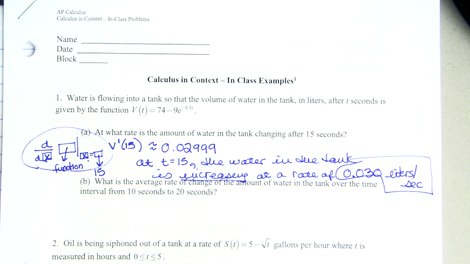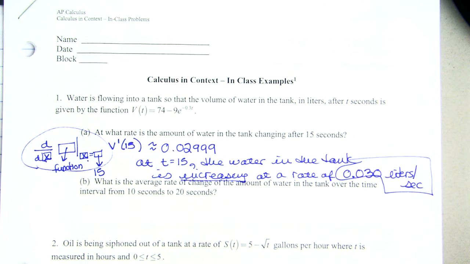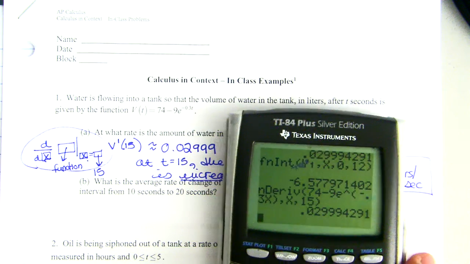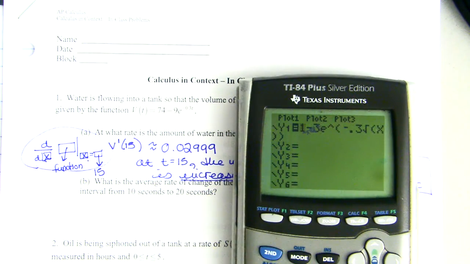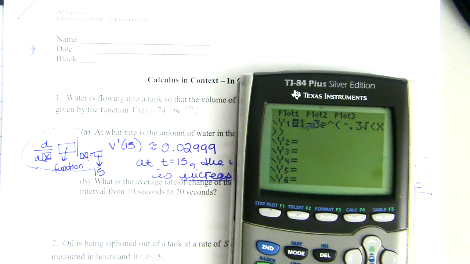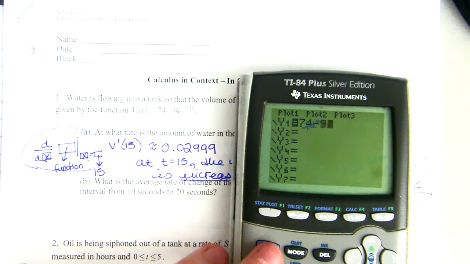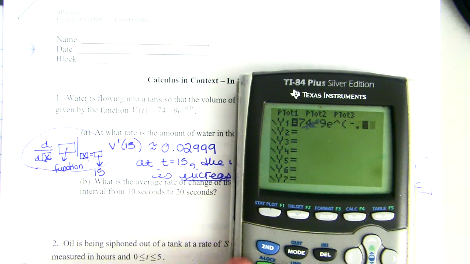Now, there is another way we could deal with this on the calculator, which may be a little bit easier. I think I've previously shown you how to store functions in the calculator. Since we're going to have to use this a couple times, push y equals, and in y equals, we type that function 74 minus 9e to the negative 0.3x.